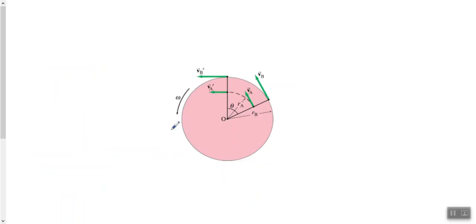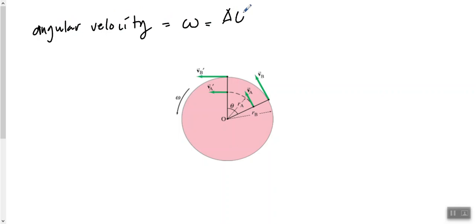So in a rotating object, there is angular velocity and there is also linear or translational velocity.